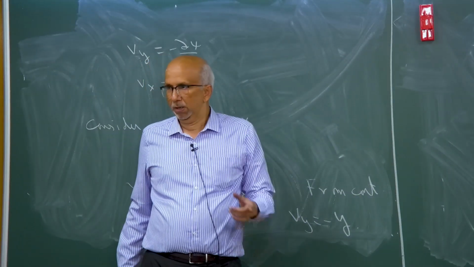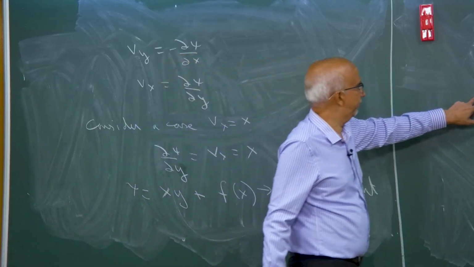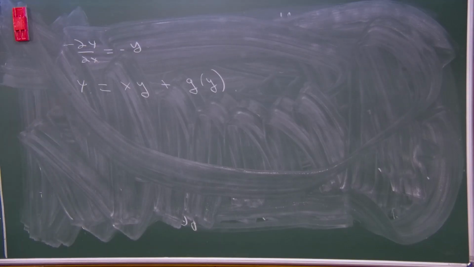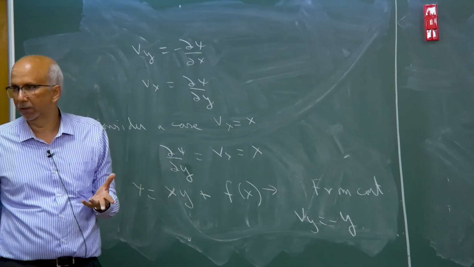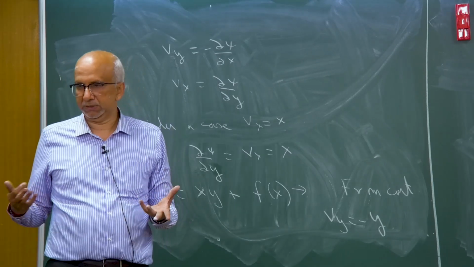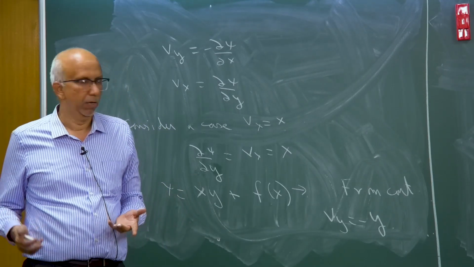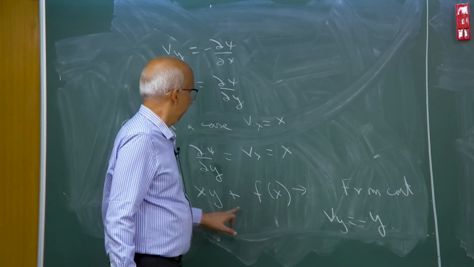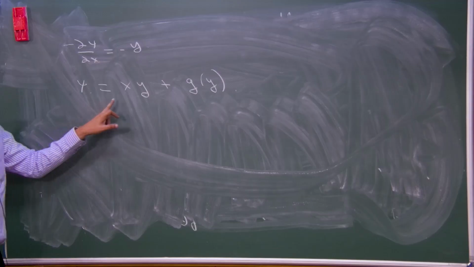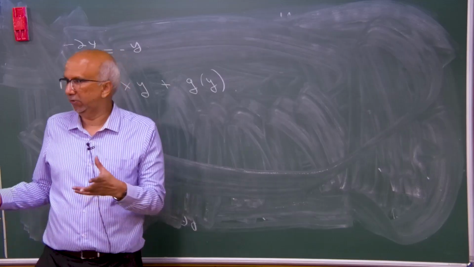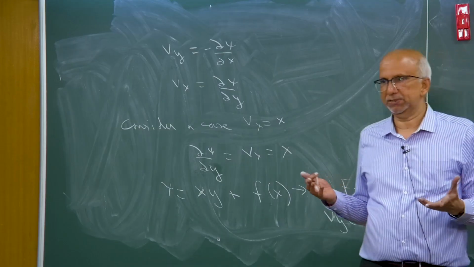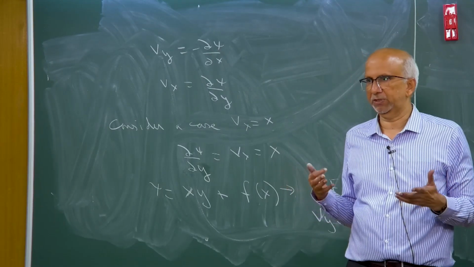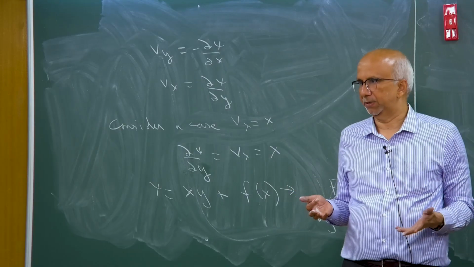Okay. Now I compare this stream function with this stream function, same flow field, right? So the stream function has to be the same. When I compare this, I get xy plus some function of x and xy plus some function of y. The only way I can have these two equal is if the function of x and the function of y are both equal to a constant.